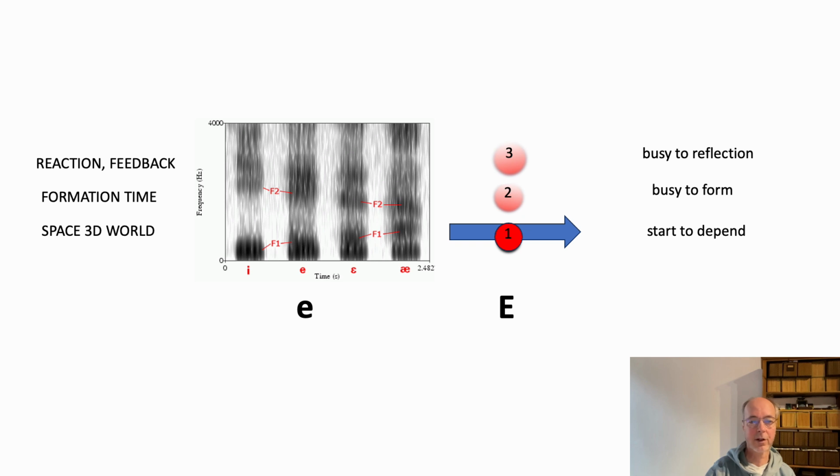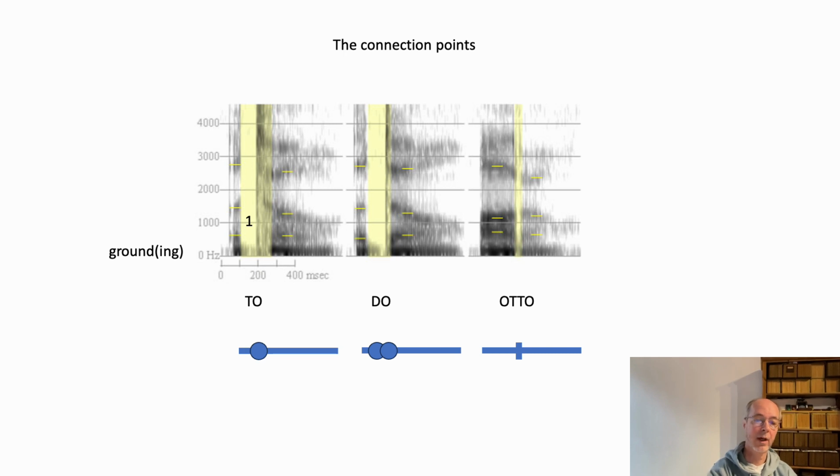So it is starting to depend. It is busy to form itself. It's busy to reflect itself. All this busyness to form itself and to find connections, trying to connect with E, is much more busy on all levels than, for instance, the A. And a few other letters that I will compare as well.